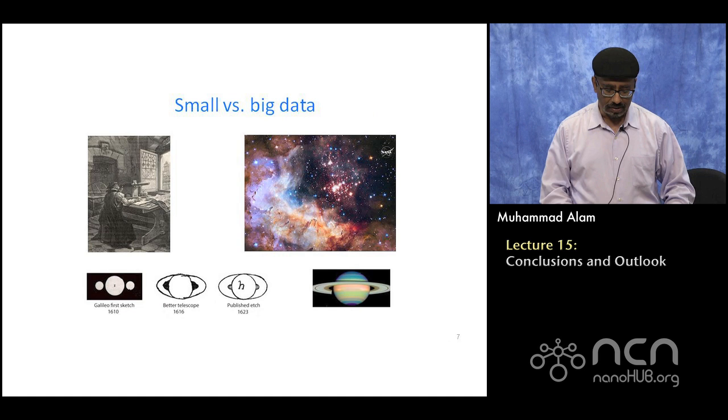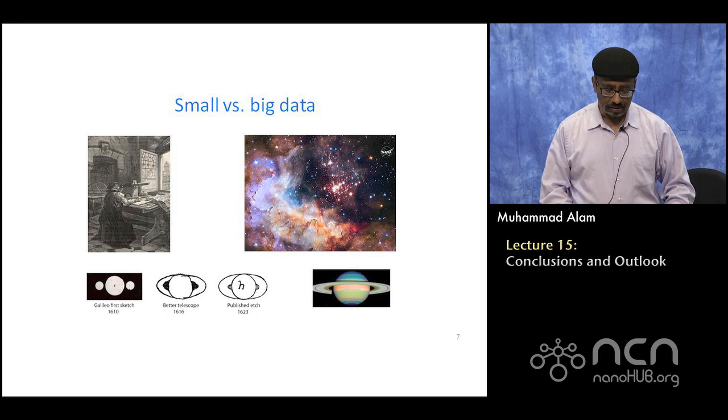Another way I explained the distinction is how Galileo, for example, once again, was looking at the rings of Saturn. In the beginning, of course, he couldn't see them well.